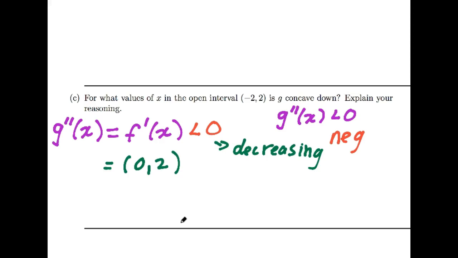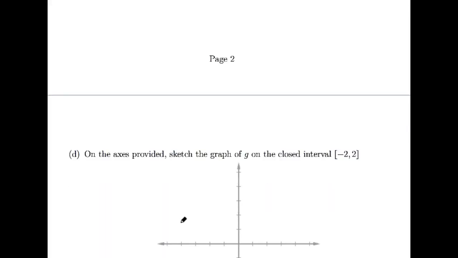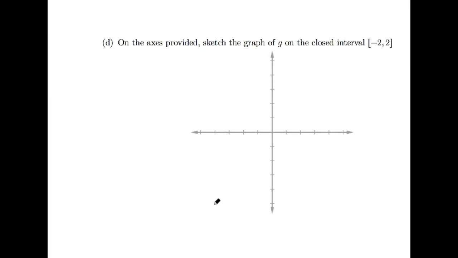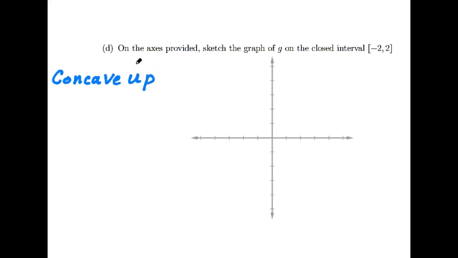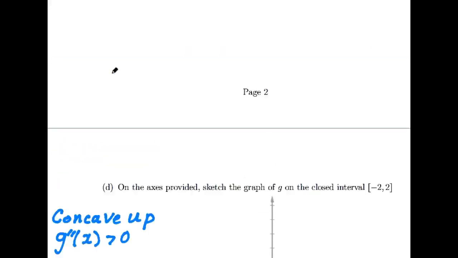Now part D, they ask us to sketch this graph. We've got so much stuff that we get from this graph, so let's write down what we have. We know the graph is concave up when g double prime of x is greater than 0. Let's look at that. So go back up.